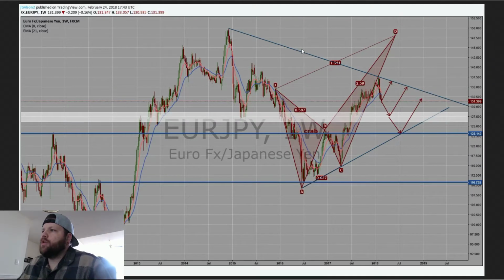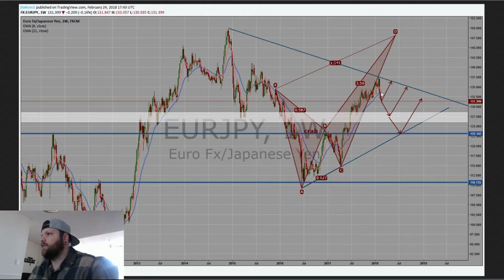Next up, EUR JPY. You'll notice that I have two trend lines drawn, and two horizontal lines drawn, or one supply and demand zone, two support and resistance levels. What exactly are we looking for? The arrows pretty much depict what I'm looking for.